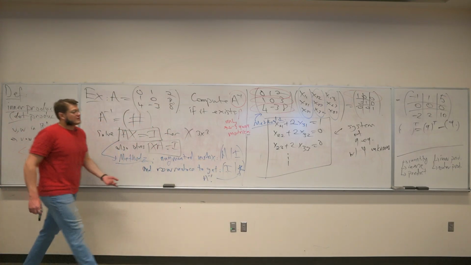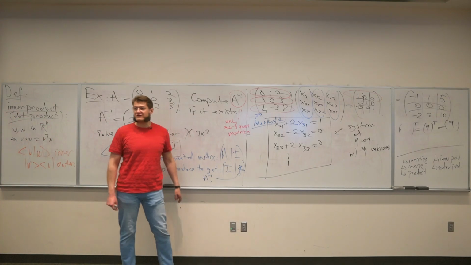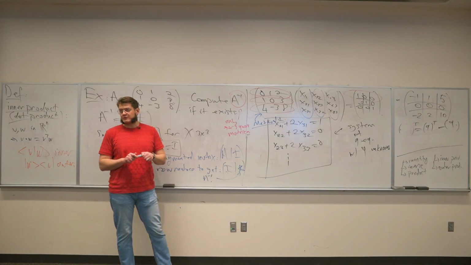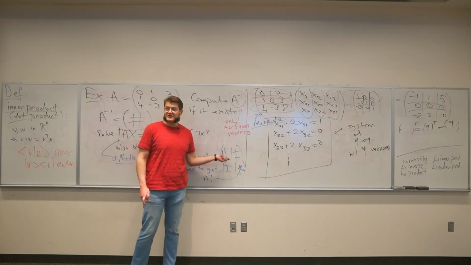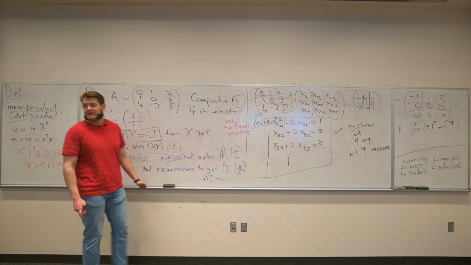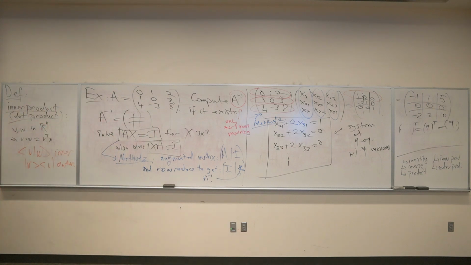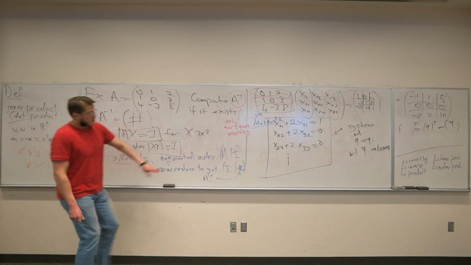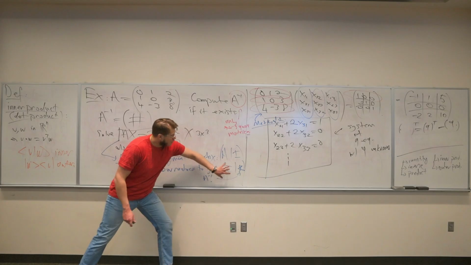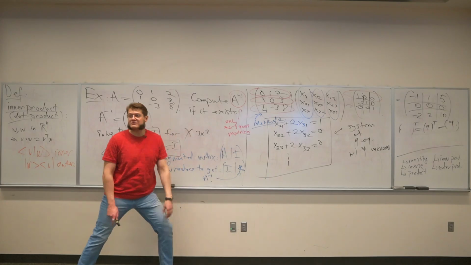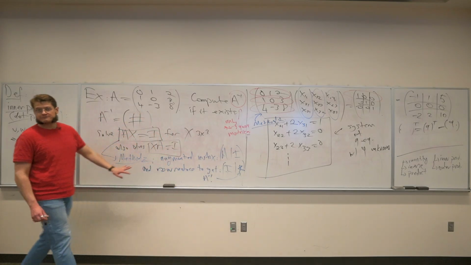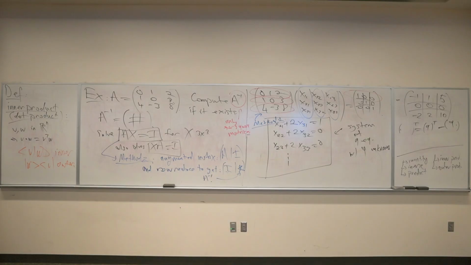Or you can just start with this augmented matrix and turn it into a reduced echelon form. If the rank of this matrix is not 3, it doesn't have any inverse. So you have to be able to get identity on the left-hand side of this augmented matrix when you're doing method 2.